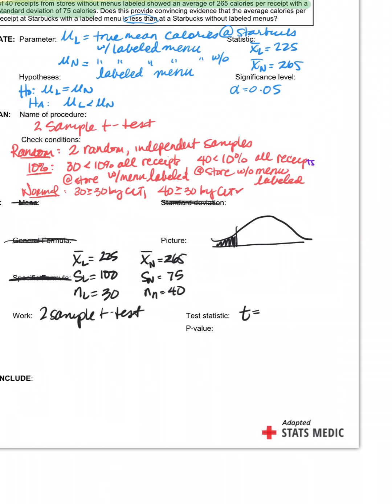So the t statistic is negative 1.34. The p-value is, wait, something's wrong. What did I type in wrong? Did y'all get that?